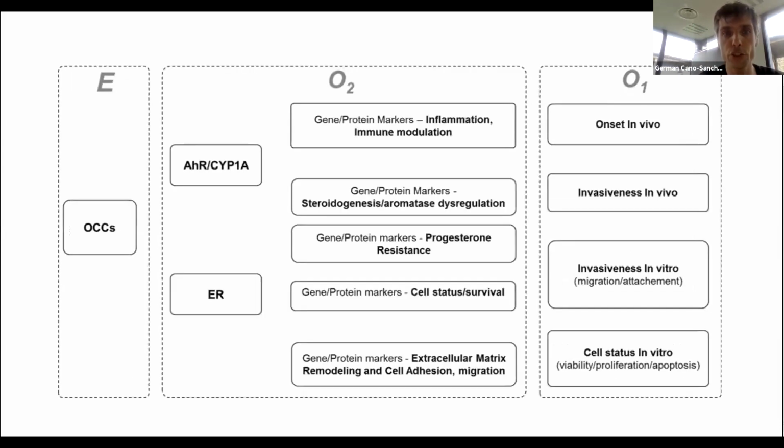In the middle, we consider a list of intermediary outcomes that might help us to establish links between the exposures and the apical outcomes, including the gene markers or cytokines related with inflammation, also the perturbation of steroidogenesis or progesterone resistance, among others.